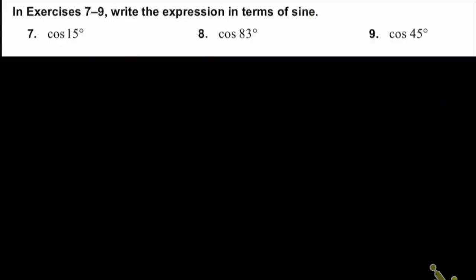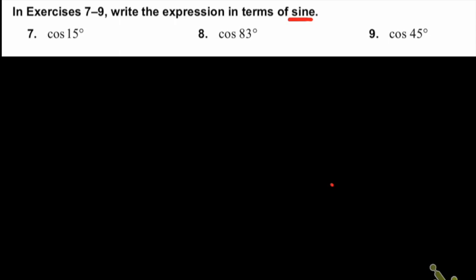Here are problem numbers 7, 8, 9. Now you have to write the expression in terms of sine, meaning cosine to sine. Cosine of angle A is the same formula I explained before, sine of 90 minus A. We have to use that same logic.